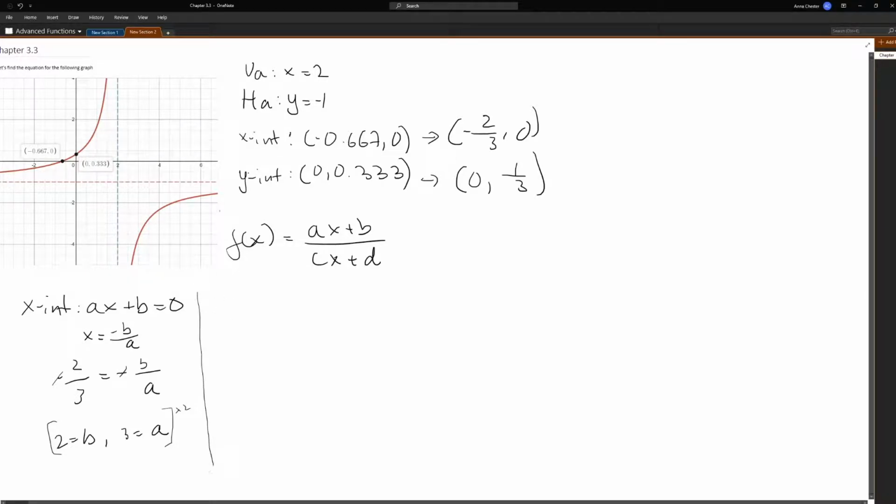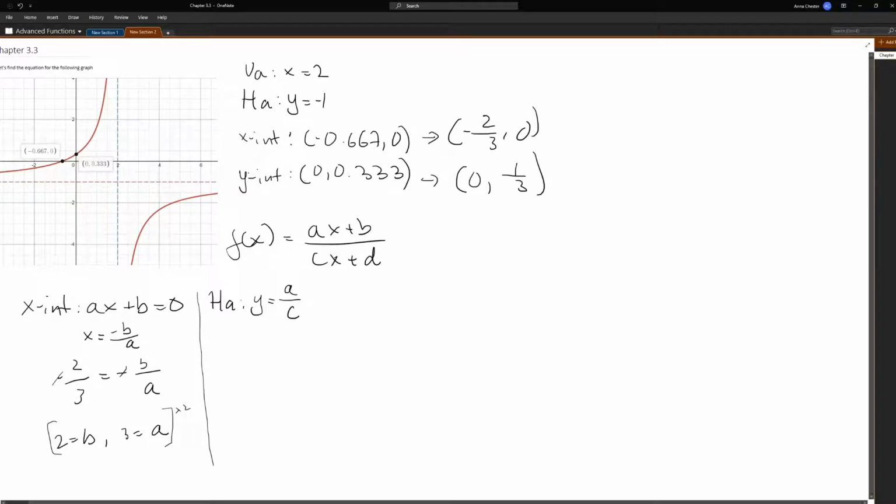So let's go to another one of the values that we know. For example, we know that the horizontal asymptote is y equal to -1. We also know that it is found by making y equal to a over c.